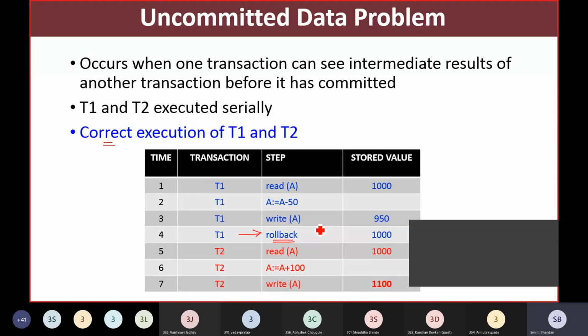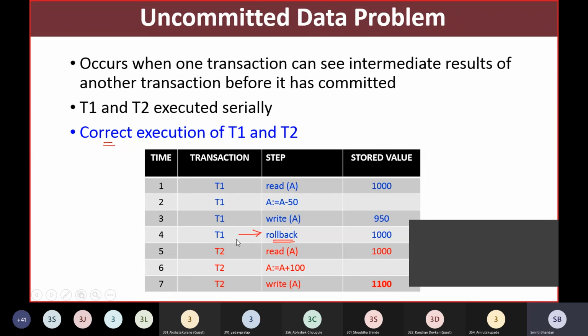So even though this was written earlier by T1, due to this rollback statement, the entire thing gets reversed. So once again, after T1 gets rolled back, we will be having this value 1000 back, which is the initial balance of account A.